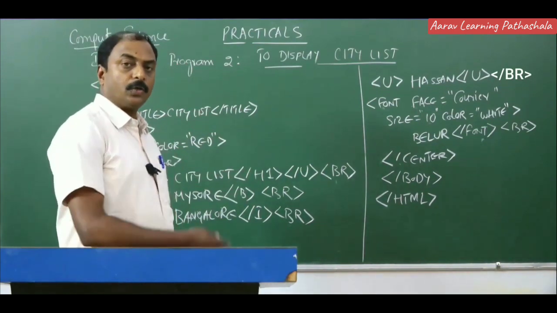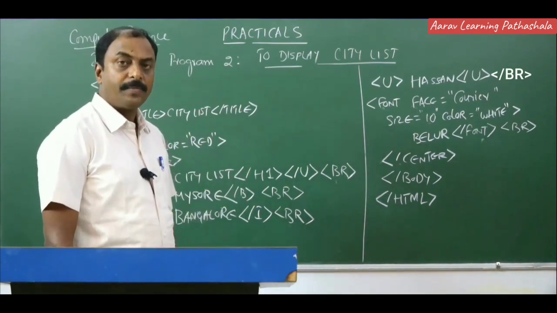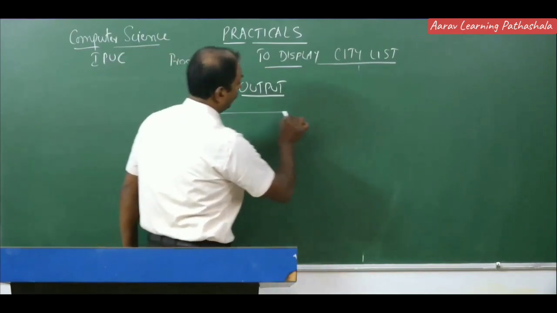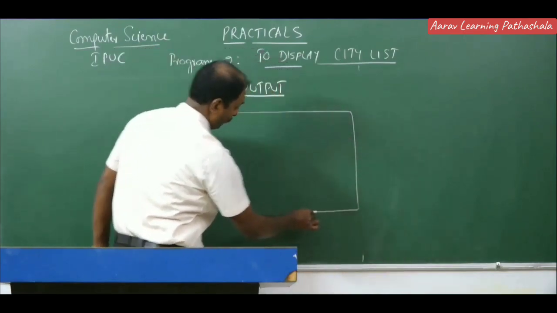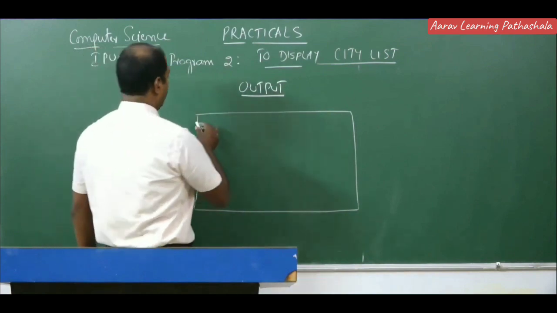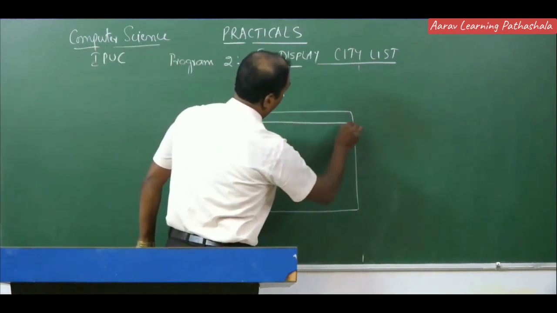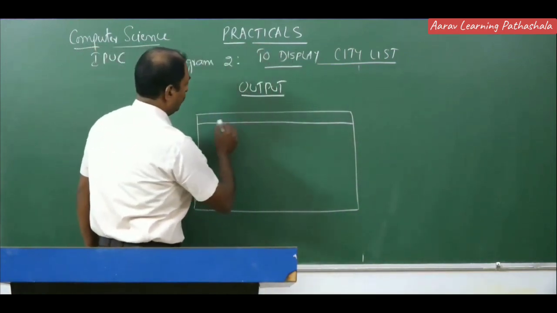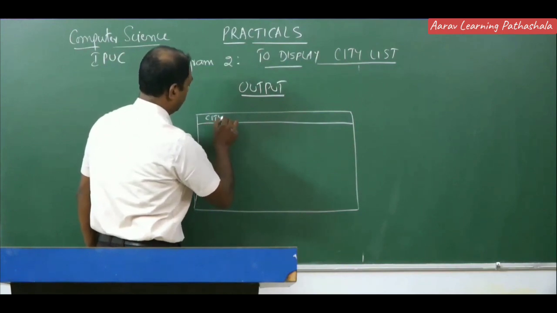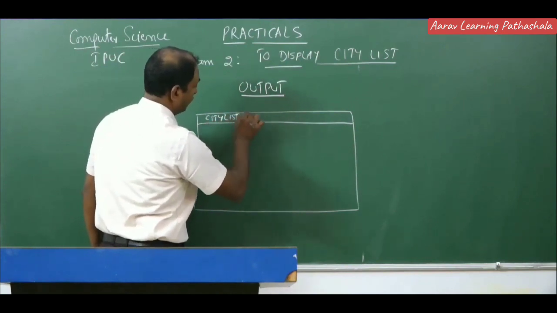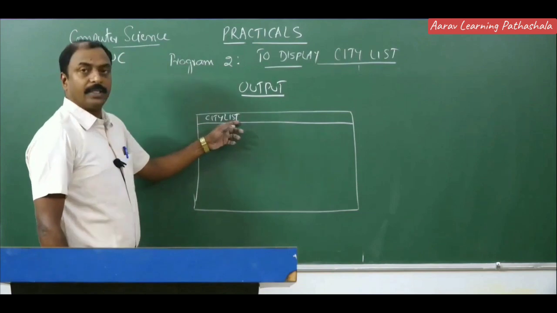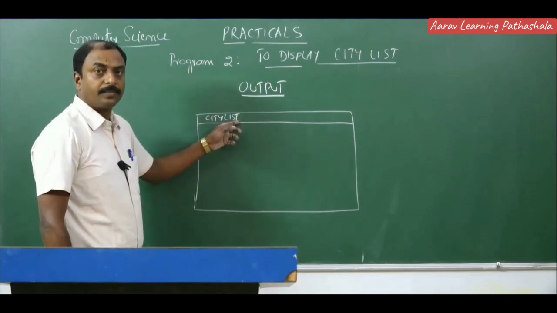Students, the output of the program will be displayed in a web browser window. This is the title bar. Here, whatever you have written inside the title tag, city list, will appear.